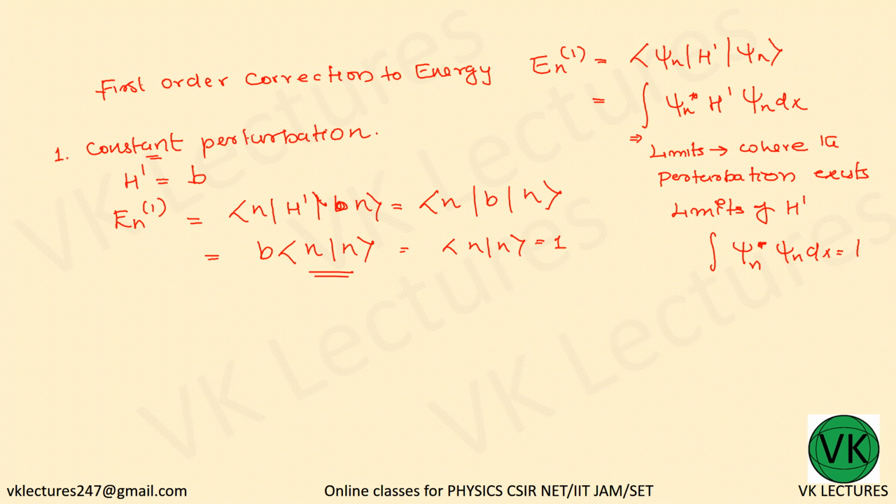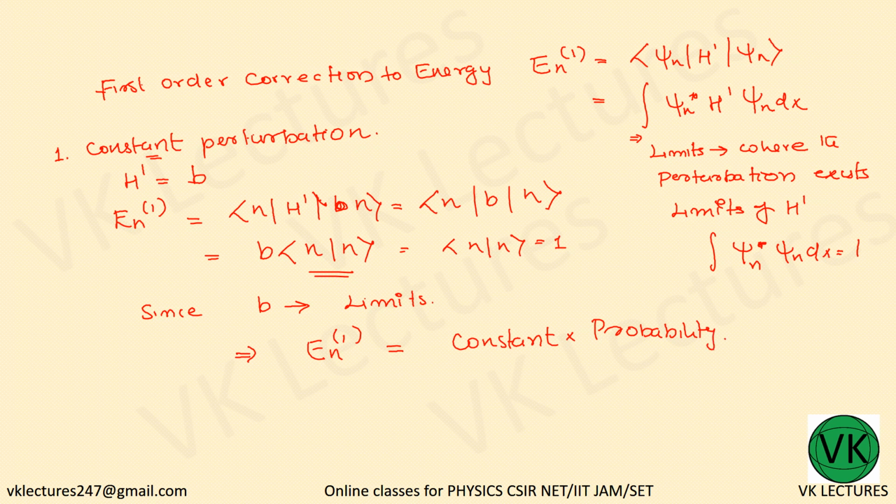And since h dash has limits, we can say En of 1 is equal to constant into probability, because psi n star psi n dx is nothing but probability.